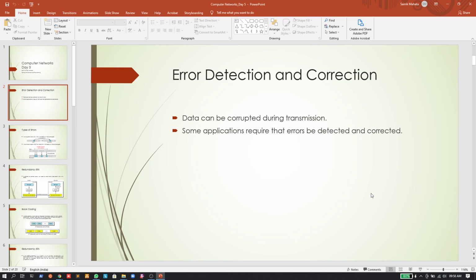The first one is dividing data into frames. The second one is error control, and error control means nothing but error detection as well as error correction. And lastly, we said that it is concerned with flow control, which means how we actually send the data from the sender to the receiver.